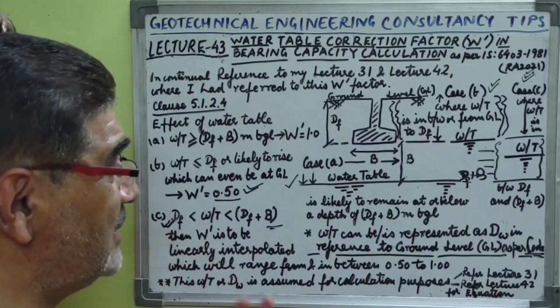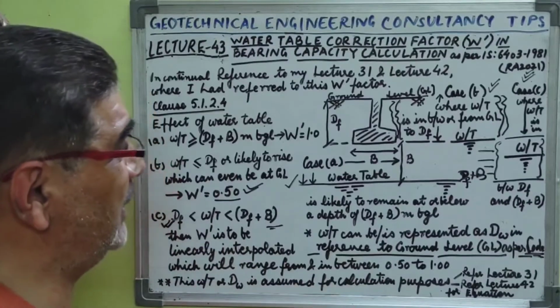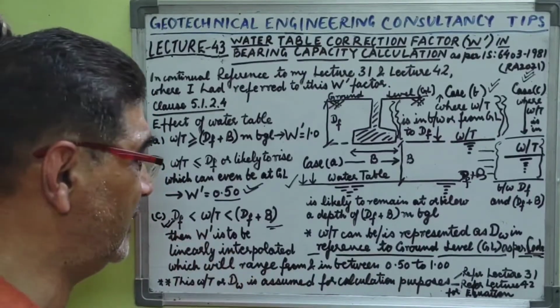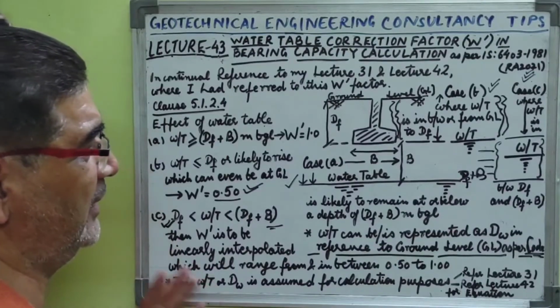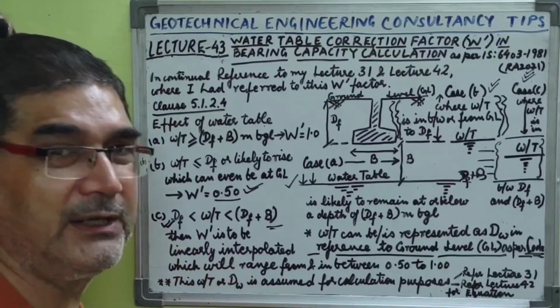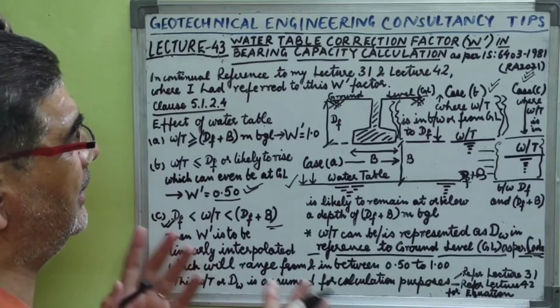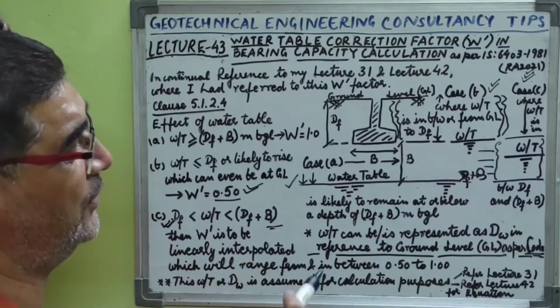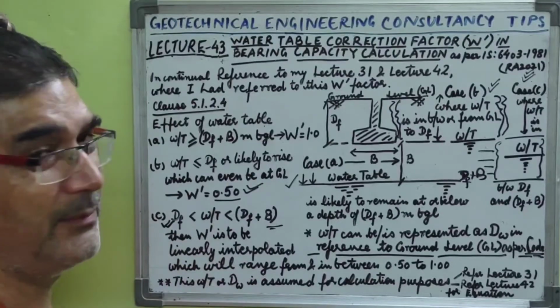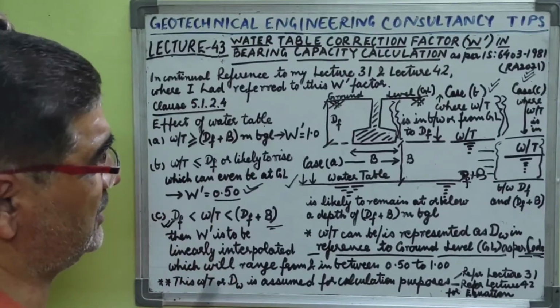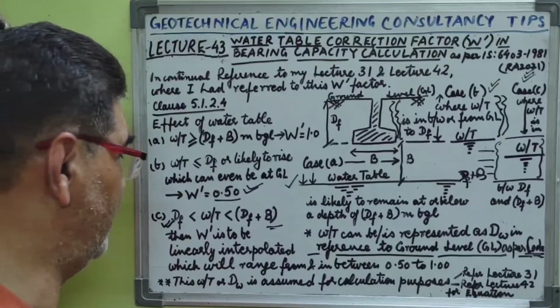So, dear friends, this is what I wish to explain in this very short lecture of mine. After finishing this lecture, my interrelated lectures 40, 41 and 42, which concerned the factors affecting the bearing capacity equation, would be complete.